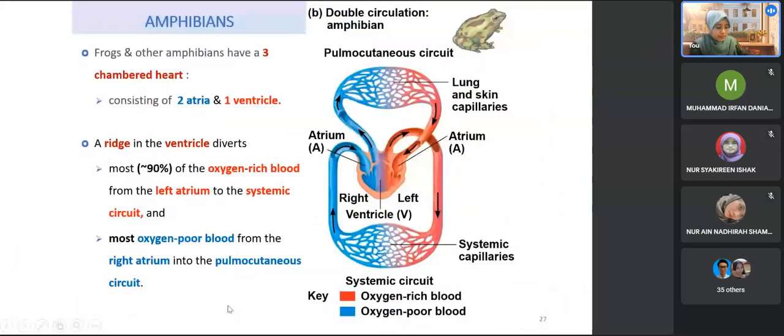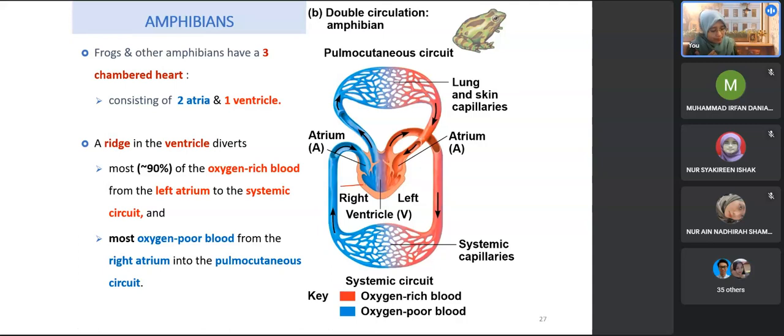If we look at the blood circulation of amphibians, the heart is divided into 2 regions, the right region and the left region: the right atrium, the ventricle, and also the left atrium and the ventricle. It is the same for mammals, reptiles or birds.